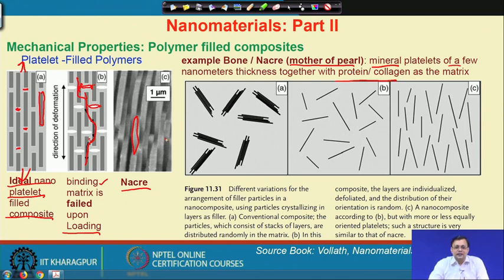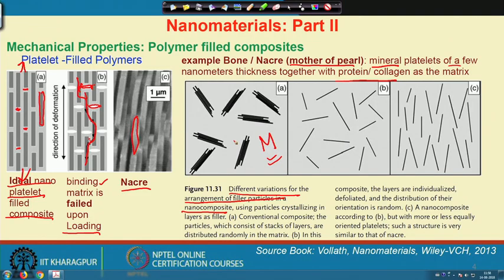This hard collagen is also present in our bone, and that basically gives the bone its strength. So, you understand that the application and wide properties of nanocomposites are so important, and they are also available in our body.